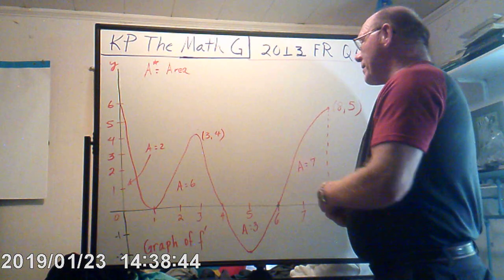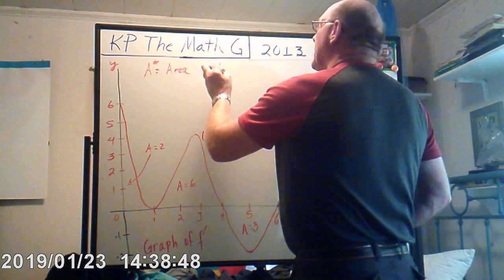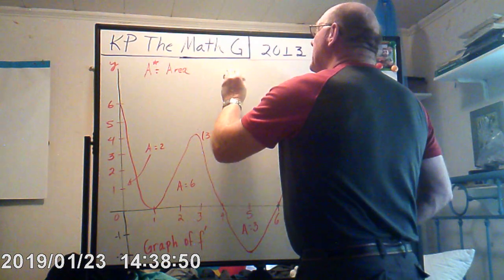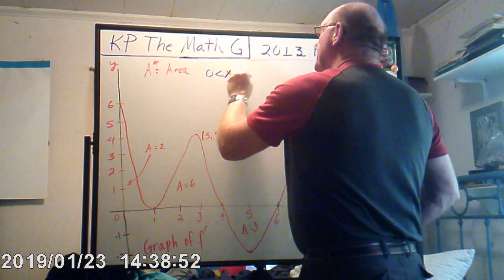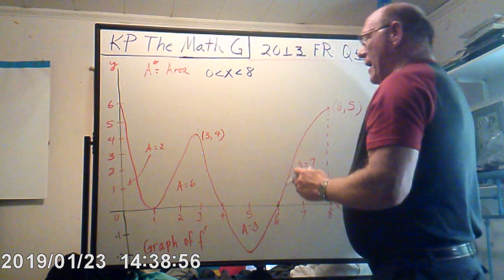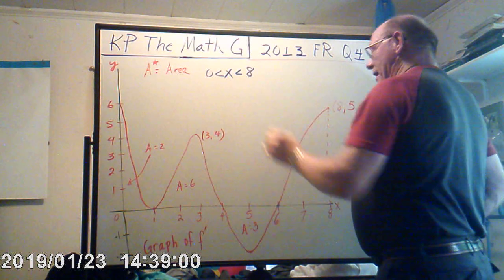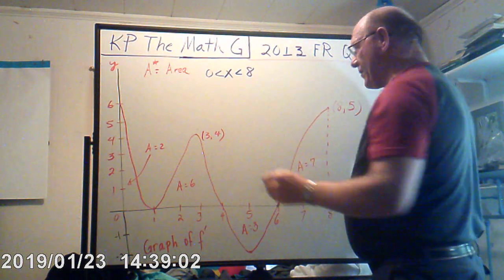Let's put it down in abbreviation. We know that the interval is from 0 to 8, all of this. And we want to look at those parts of f.